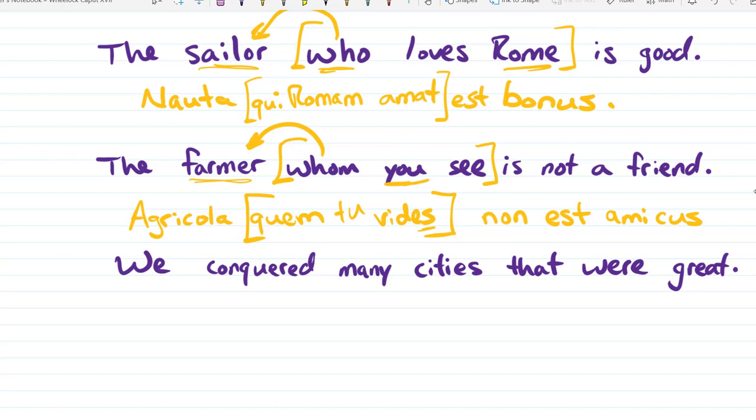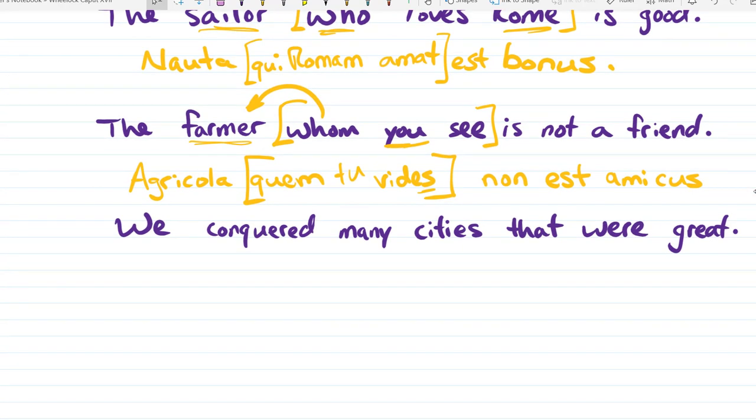clause, right? So this last one, we conquered many cities that were great, okay? Relative clause. Antecedent for what is great, that. What's this that going back to? Well, it's going back to cities, okay?